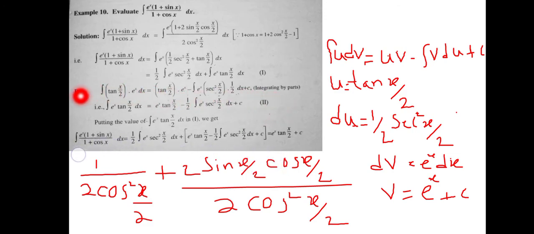We are naming this equation as equation 2. Now put the value of this integral, the integral of e raised to the power x tangent x/2 dx, in equation 1. In equation 1 we have this integral, so just put this whole value in equation 1.